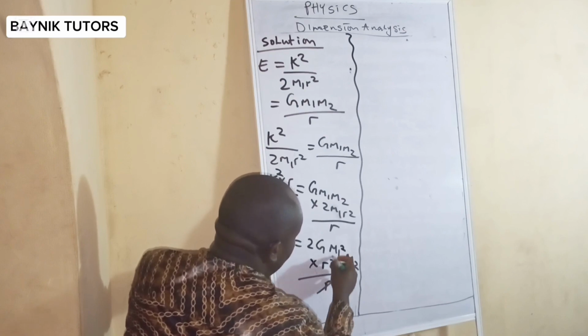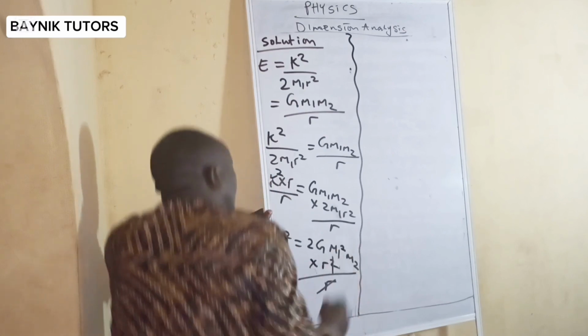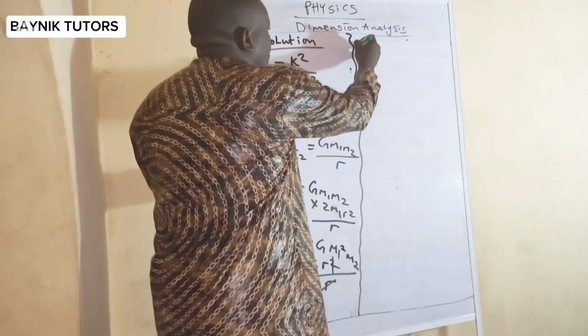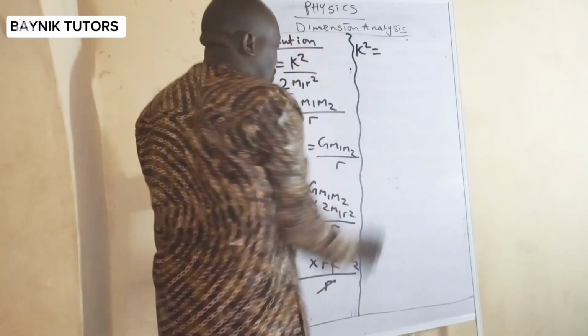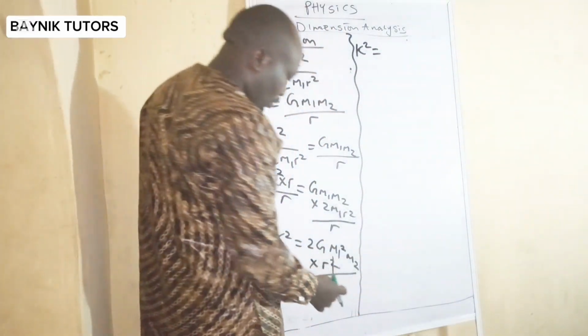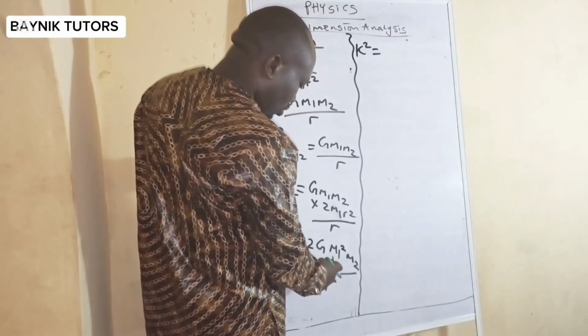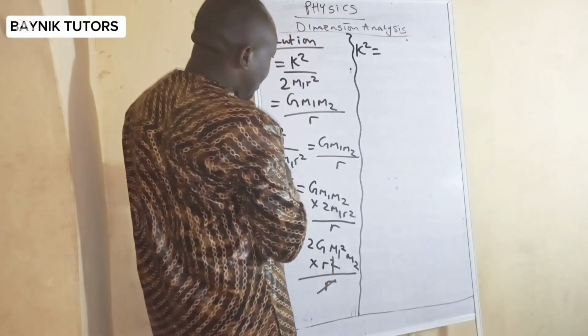So R here will cancel all of this. So at the end we have K square is equal to, because this has cancelled this, to only a single one away. Then we started with, let me start again.